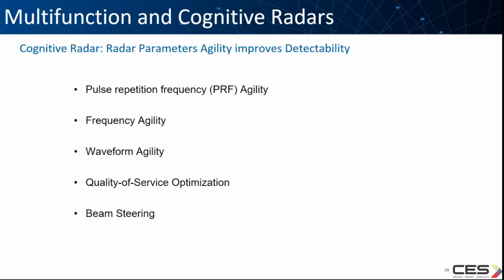One of the key techniques is parameter agility that can improve the detectability of your radar. And that includes both repetition frequency agility, waveform agility, and then we have the beam steering as well.